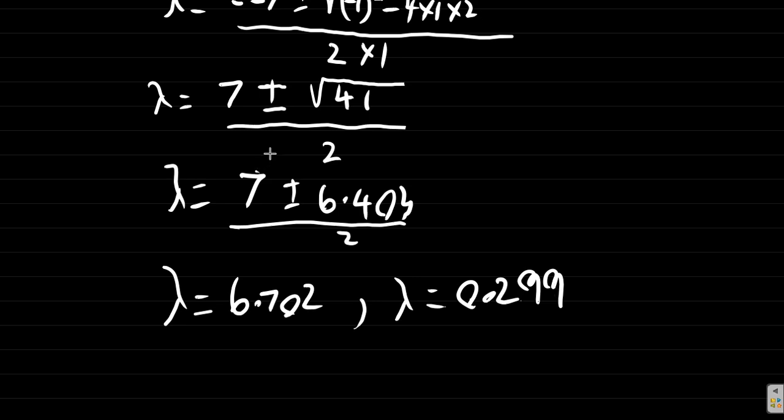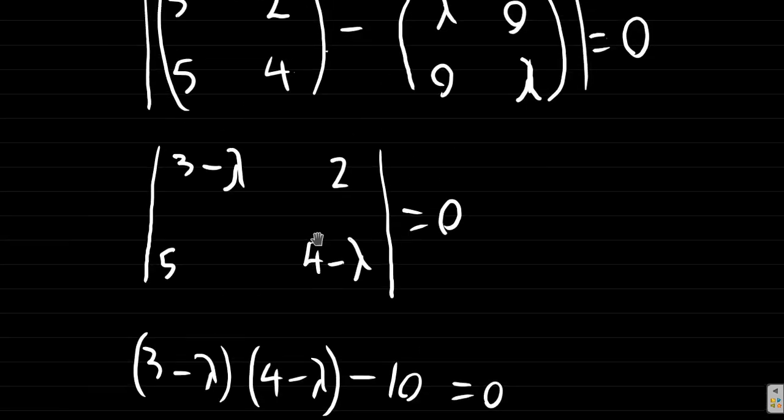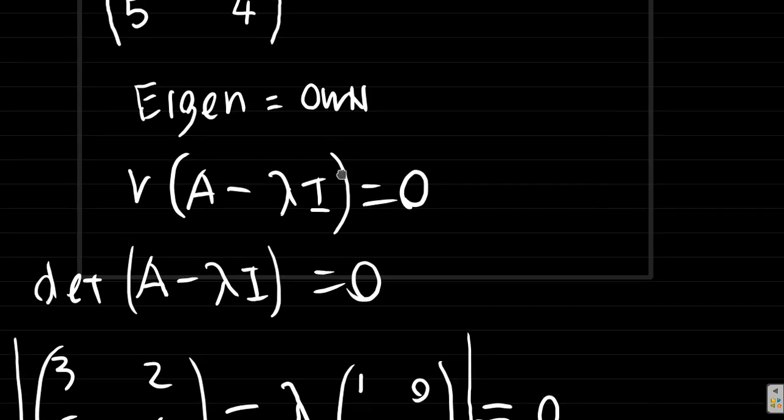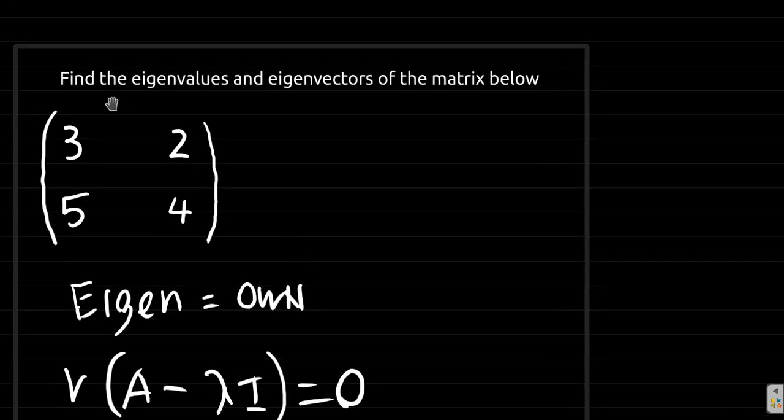So these are the two eigenvalues, 6.702 and 0.299. So far we see that lambda equals 6.702 and lambda is also equal to 0.299. Let me rewrite this 0.299 here.